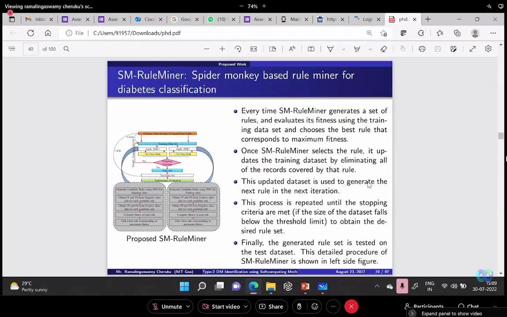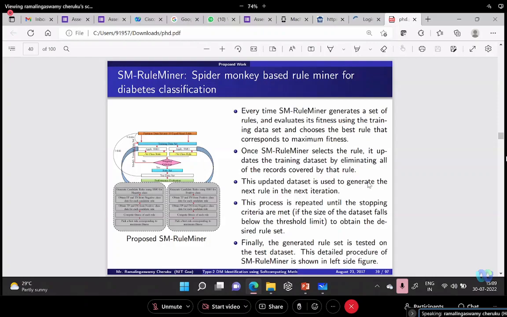Now the same thing I have shown here. Every time, we are running the spider monkey algorithm for the generation of the rules, and to evaluate which rule is the best one, we use its fitness function, because every optimization algorithm has a corresponding fitness value or objective function. That will determine the quality of your solution.